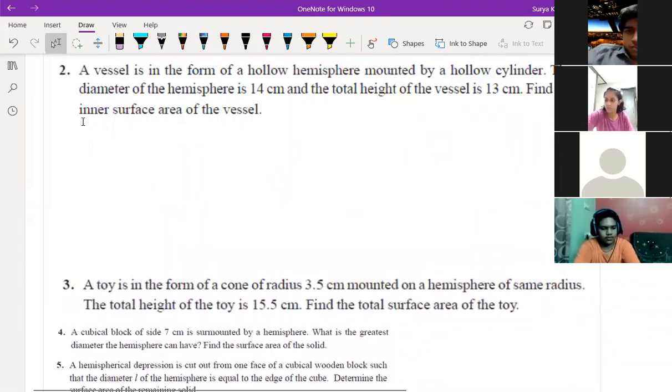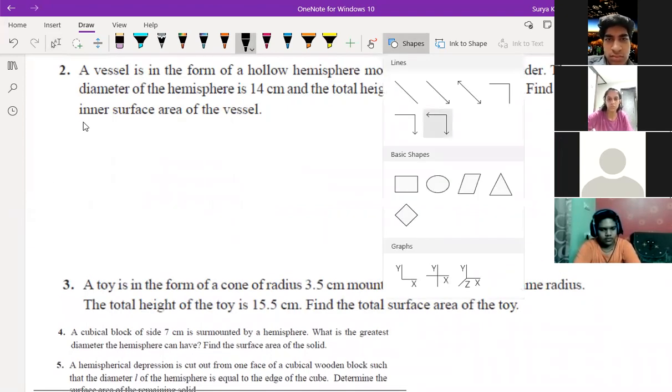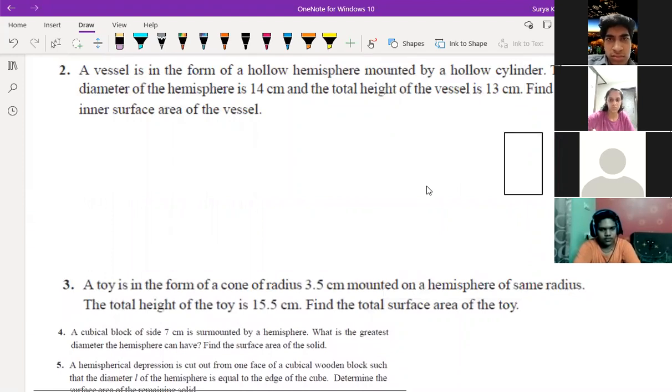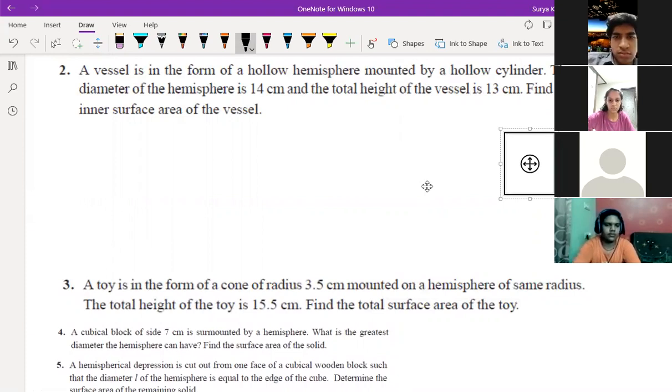See, a vessel is in the form of a hollow hemisphere. Hemisphere, and that is hollow. So you can draw one hemisphere over here. Hemisphere is like this, okay?